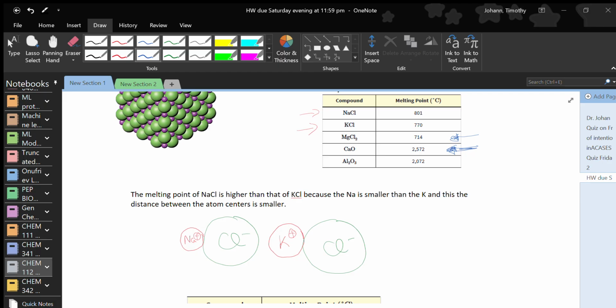Would the chloride be smaller than both potassium and sodium? Because it has a smaller radius because it's further to the right, and Na and Cl are on the same line. No. So think about the other question. Well, the question is, would the chloride be smaller than the sodium and the potassium, right?